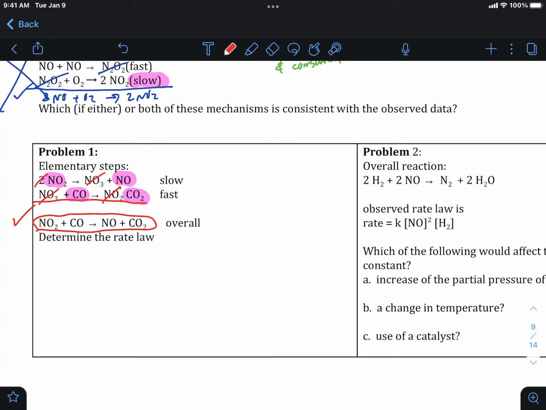Now, let's evaluate the slow step. The rate law is based on the reactants of the slow step. So my rate law will be rate is equal to K times NO2 raised to the second.